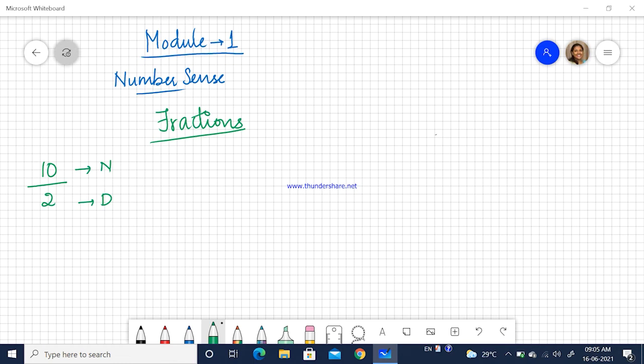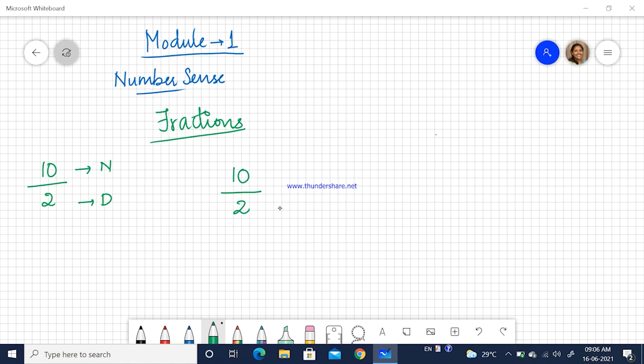If you are able to express a number in the form of numerator and denominator, such numbers are called fractions. When a unit is divided into equal parts, those parts are the fraction of a unit. If 10 is a whole and I divide this 10 into 2 equal parts, the answer we get is a fraction of that particular unit.